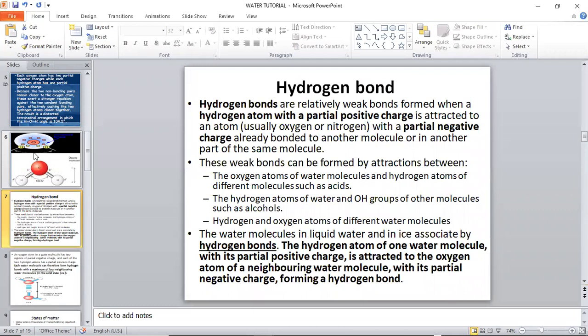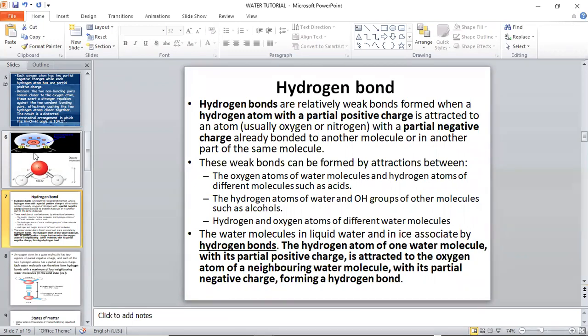So you find that these hydrogen bonds can be formed between oxygen atoms of water molecules and hydrogen atoms of different molecules, such as acids. They can also form between hydrogen atoms of water and hydroxyl groups of other molecules, such as alcohols.